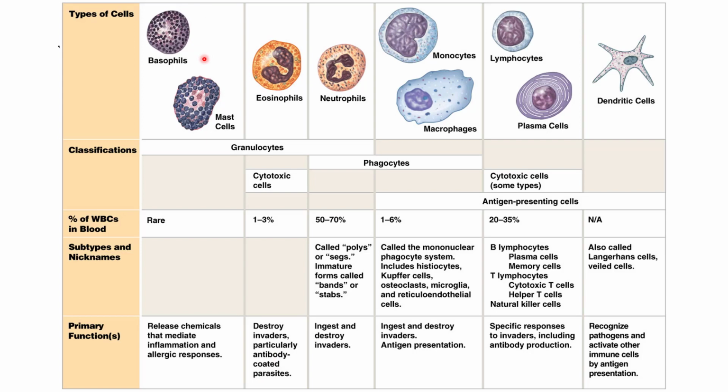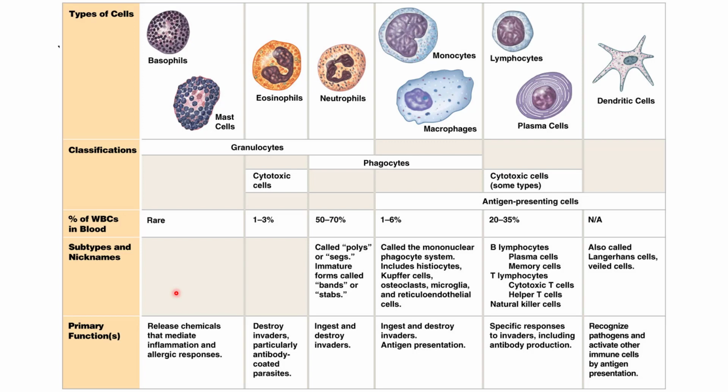Basophils are not circulated in the blood. They're found primarily in the skin, lungs, and GI tract, the parts of the body that come in contact with the external environment. And they mediate allergic responses. They tend to release histamine and heparin that mediate that inflammation and deal with an allergic response.